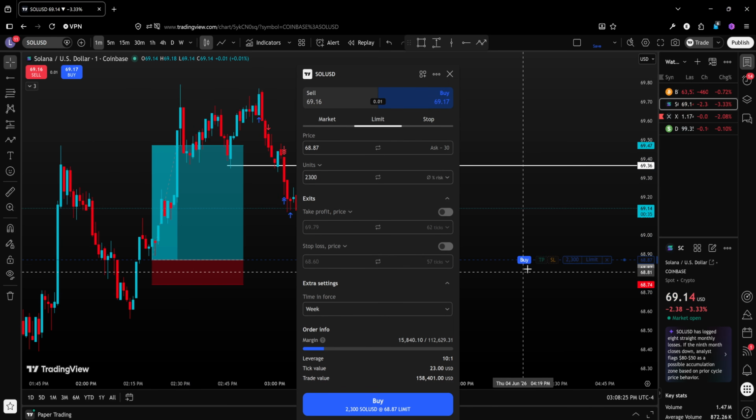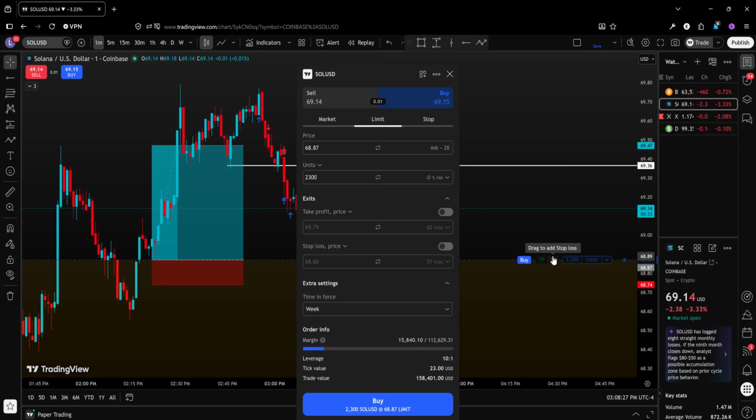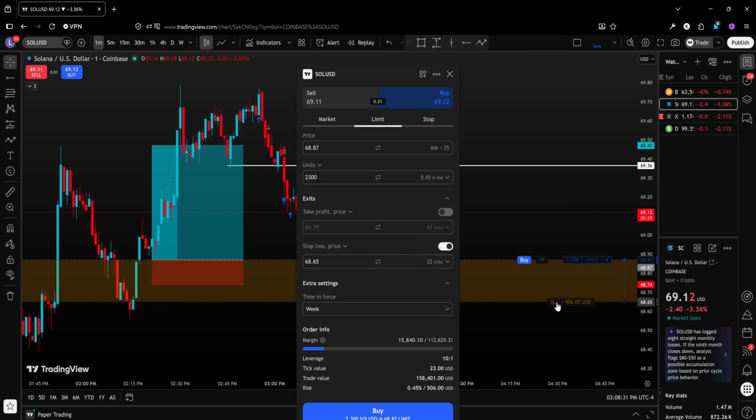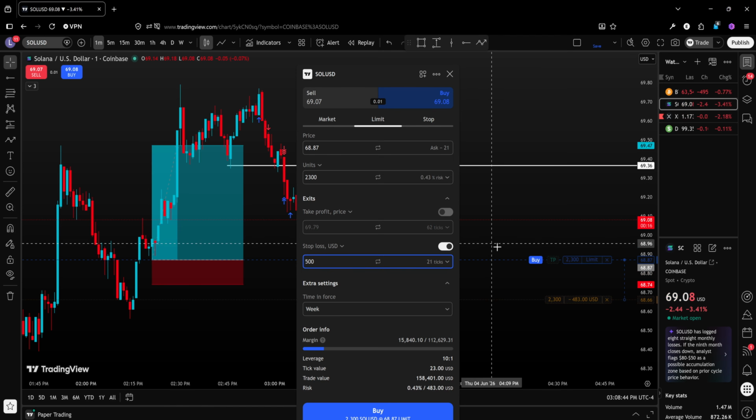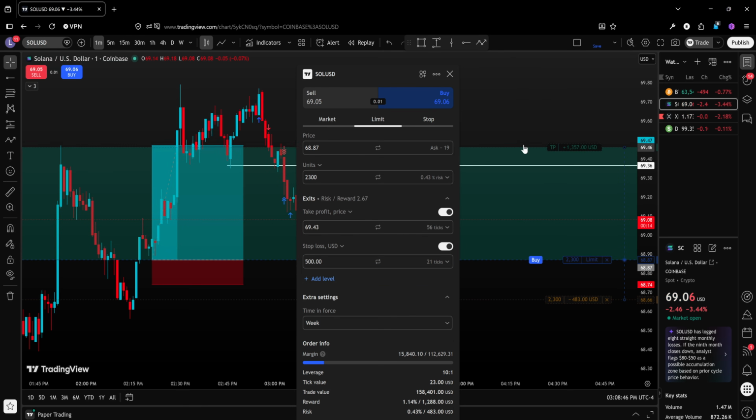Your risk is how much money you would be risking. So let's say you're risking just $500. So put your stop loss to 500. Why is it not at 500? And then you have your TP at whichever level, which would be right here.